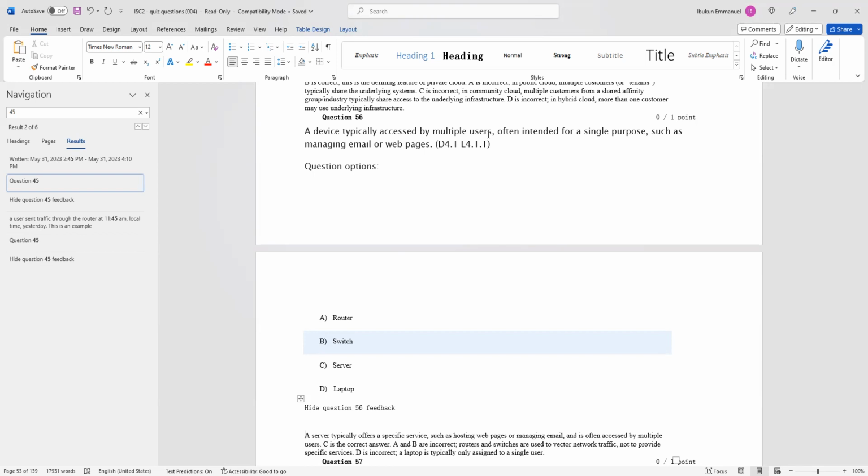Then you could have your databases that you access. Those would be stored on a database server. And then you have your file servers. So that is referred to as a server, a device typically accessed by multiple users, often intended for a single purpose.